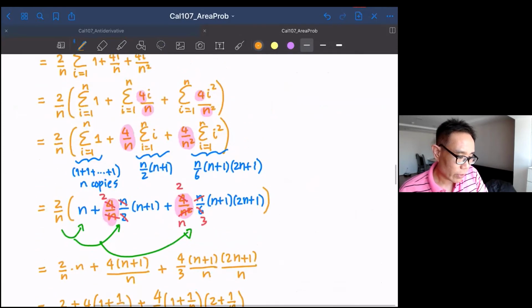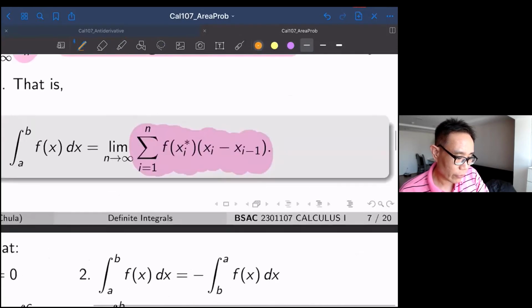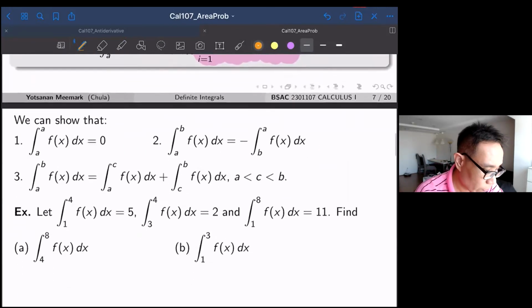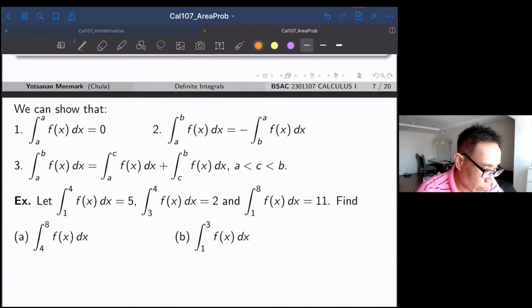If the question asks you to compute a definite integral, we have the following rules. When you integrate from a to a, the width of the area turns out to be equal to 0. When the width of the area is 0, you have 0 area.